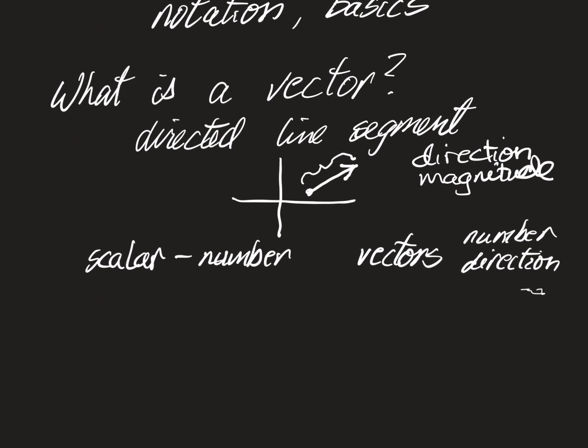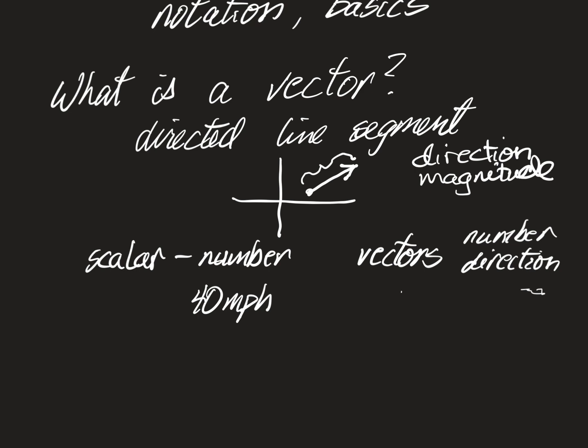Suppose you drive your car and you go 40 miles per hour. Okay? That is considered a scalar. It's just a number. We're going 40 miles per hour.